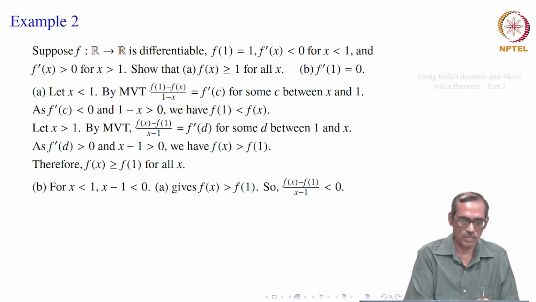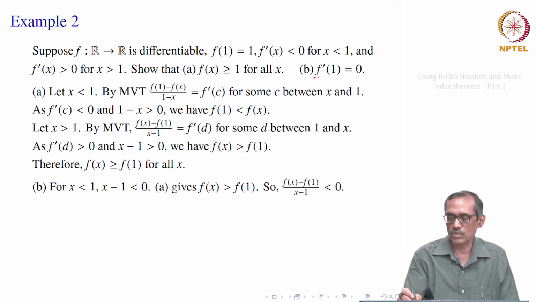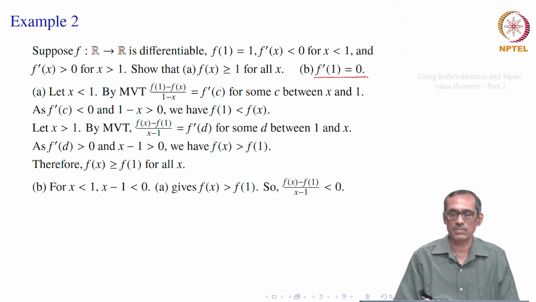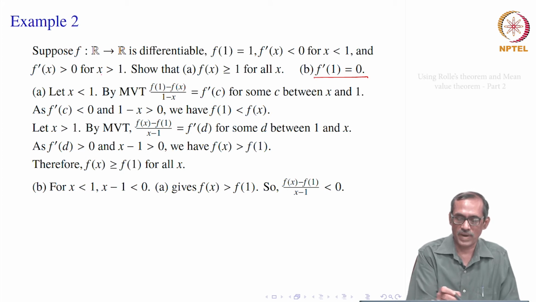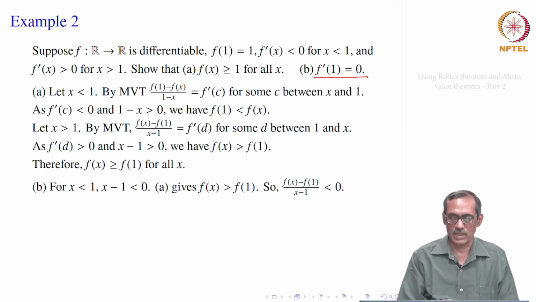Now, we should go for B, where we have to show f prime 1 must be equal to 0. Okay, so, what do we do? f prime at 1 is not given, but f prime smaller than 1 is given and bigger than 1 is given. Okay. So, let us choose any point x smaller than 1.